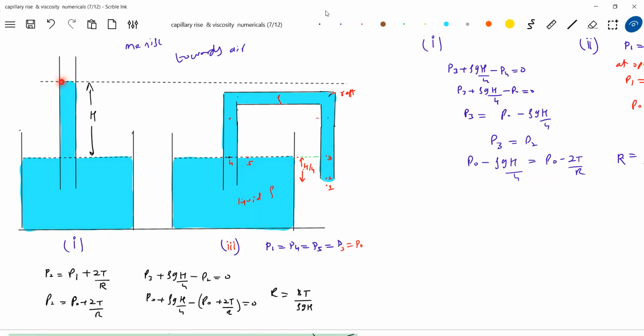You have to really look at the picture. Here, will it be flat? No, it will be curved. Who will balance this weight of the liquid column? The force due to surface tension. Agree? So how much can it balance? It can balance up to height h. Similarly, the same thing here.